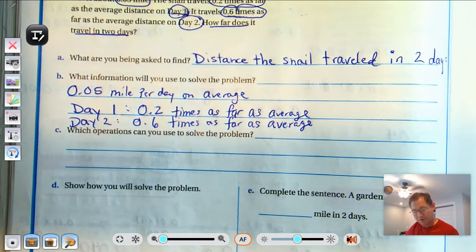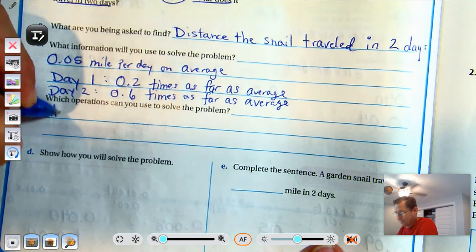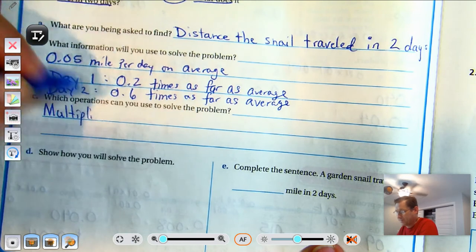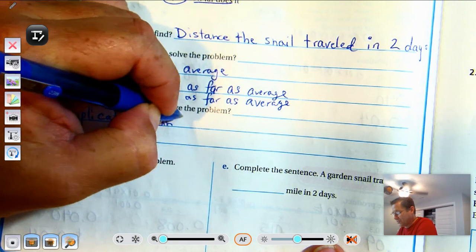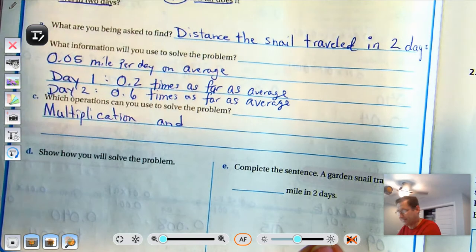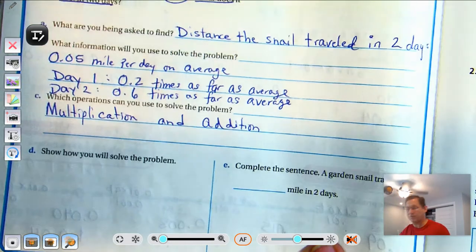Which operations are we going to use to solve this? Well, we have to multiply to figure out how much the snail travels each day. And then we're going to have to add those 2 days to get the total distance. Okay, so let's go ahead and do that.